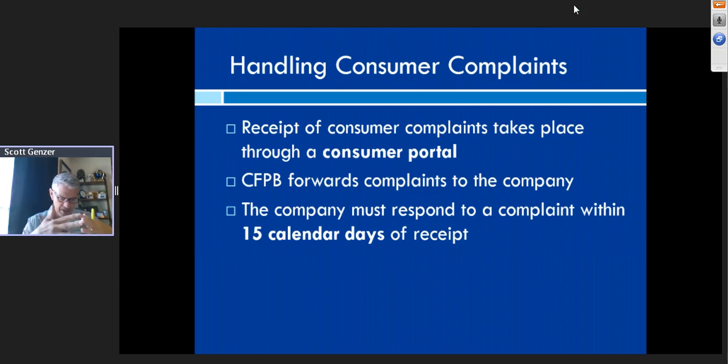If we don't make the 15-day deadline, we must respond in a total of 30 days in order to avoid them making it a priority for the response team. So if you don't want somebody sniffing around in your business more than necessary, respond to the complaints right away, because some stuff I've read says that over 70% of the complaints that are made and responded to are done with at that time.